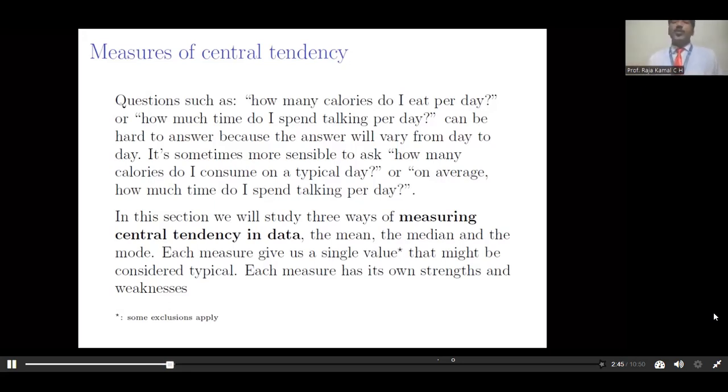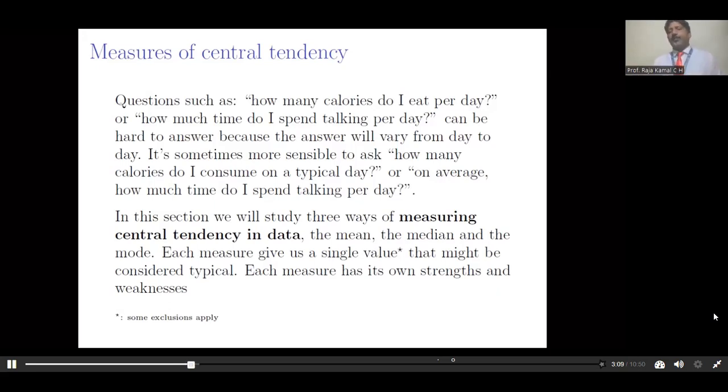Not only the calories, but also how much time I am talking per day, how many calories I burn per day. All these things we find by using different measures of central tendency. We use mean, median, and mode.